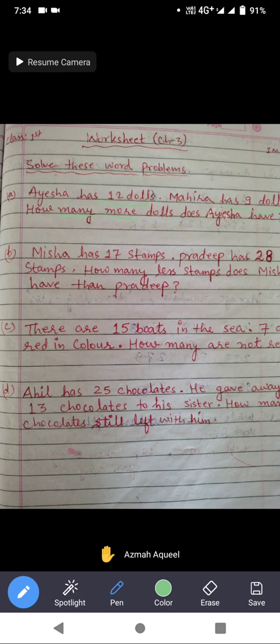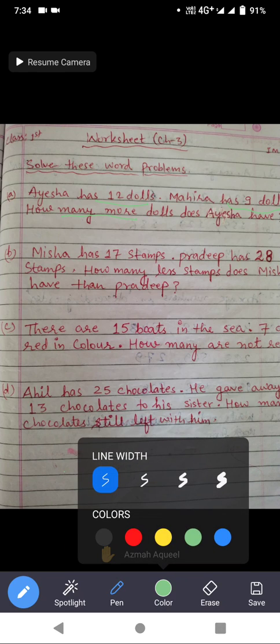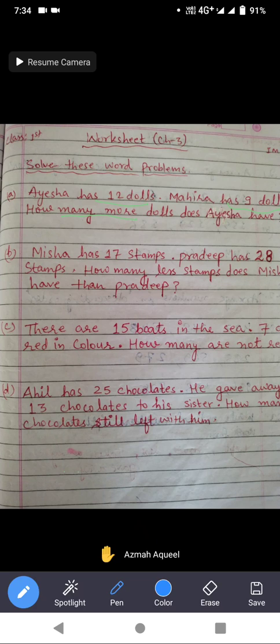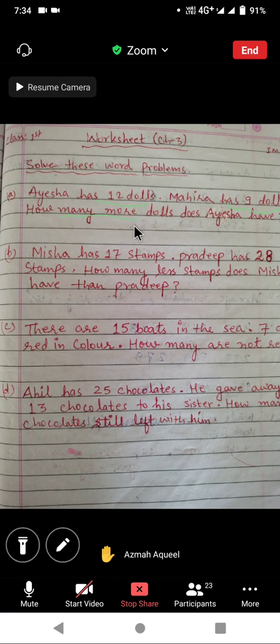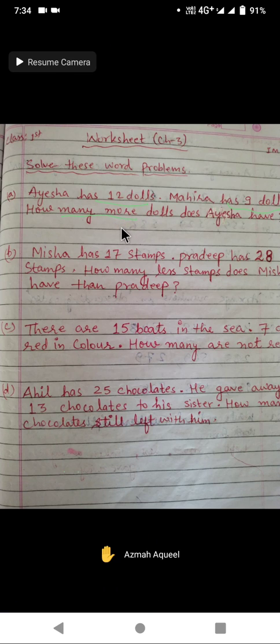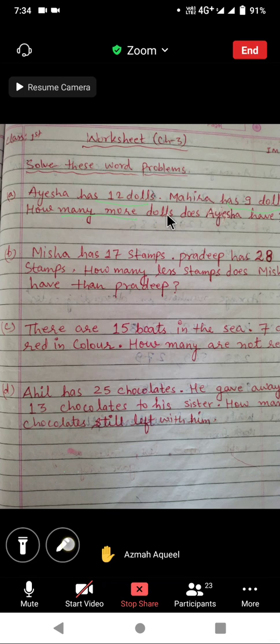So here we have to subtract. Okay. So to find out how many more or how many less, we need to do subtraction. So the bigger number is 12 here. So first we will write 12.